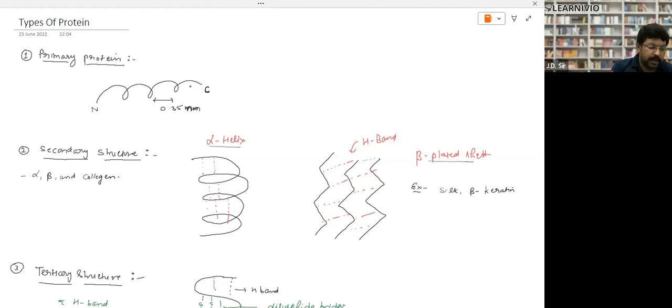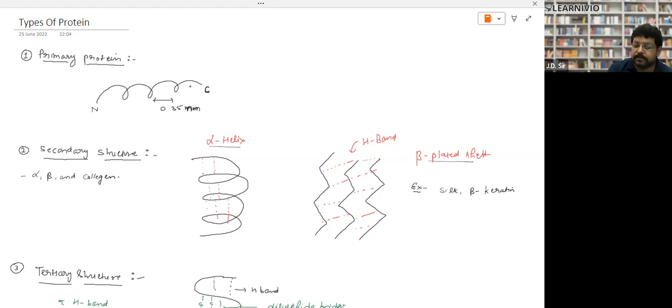Next, in collagen, polypeptides are coiled around one another.